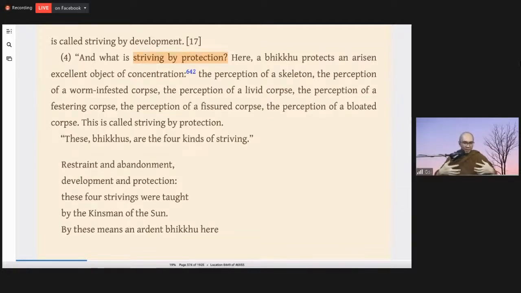A lot of us are very attached to this body, beauty, and so on. With the perception of this type of corpse, the skeleton, you see the total contrast of beauty. You do it in a very open, mindful manner, in the sense that you are aware that this is a corpse, and you do not become angry or afraid or fearful of it. You are simply aware of it.